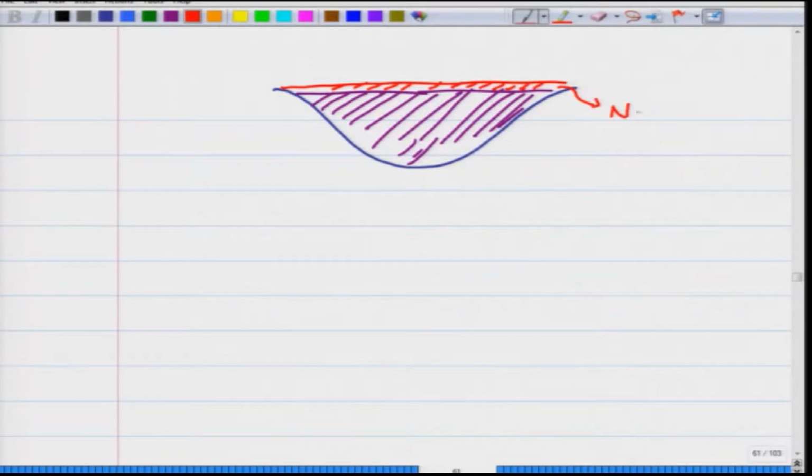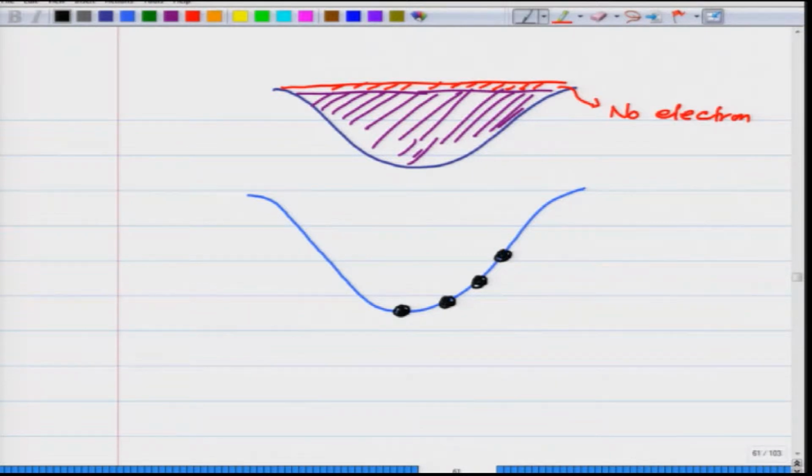No electrons. I can also see it like this. Suppose there is this band and I have electrons sitting all over the place at each k value, but one place is empty. This has no electron.